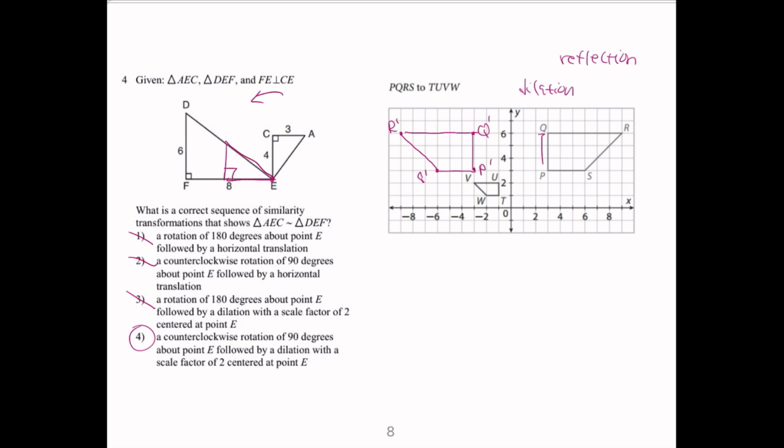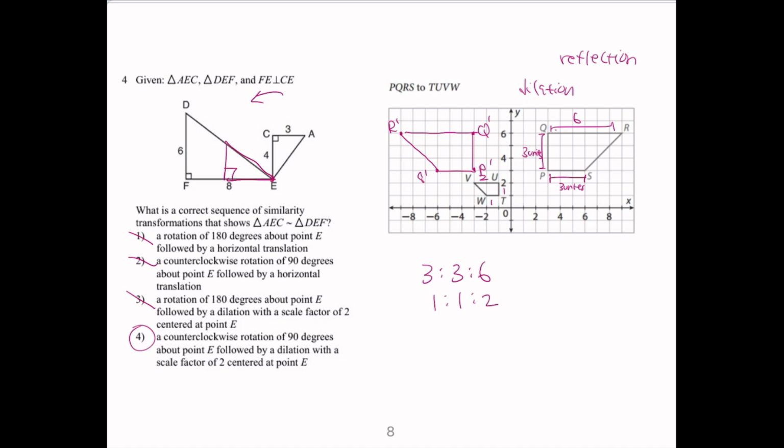Okay, so we know that QP is 3 units. QS is also 3 units, right? And QR is 6. TU is 1, TW is 1, and UV is 2. Looking at the proportion, it seems about right because it is 3, 3, 6 for PQRS, excluding RS, and the corresponding lines for TUVW are 1, 1, 2.